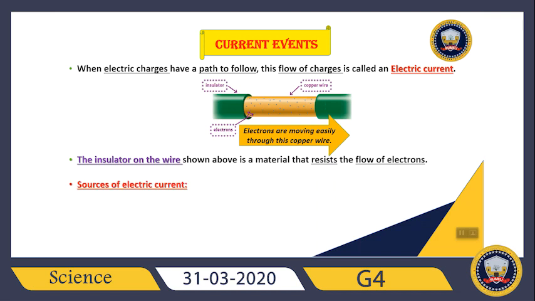So what about the sources of electric current? I mean, where is the electric current coming from? From where can we get the electric current? Actually, we have many sources. The main sources are batteries. Do you remember the batteries? Yes, the chemical reactions that take place in the battery change into electrical energy, as we have said before in the energy changes.